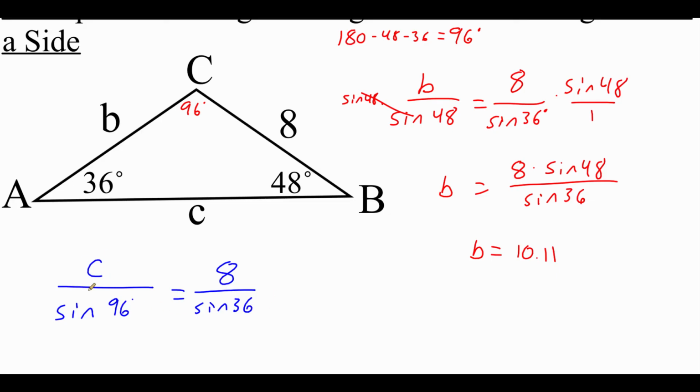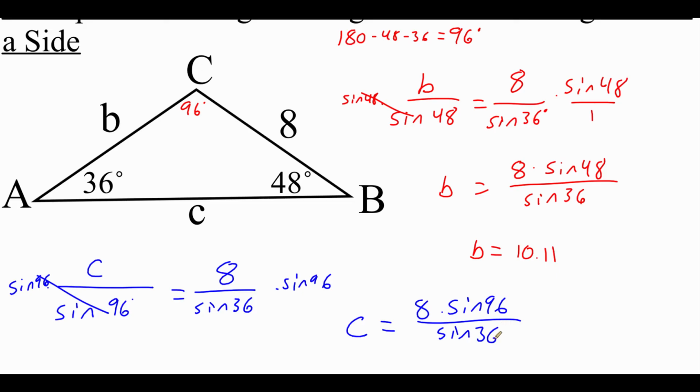Again, I want to solve to get c alone, so I'm going to multiply that sine of 96 over to the other side, and again, I'm going to rewrite my fraction. So we're going to have c equals 8 times the sine of 96 degrees divided by the sine of 36 degrees. I'm going to type all of this into my calculator, and again, I'm going to go to 2 decimal places. We should get about 13.54.